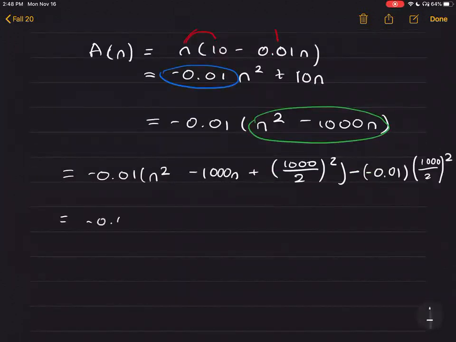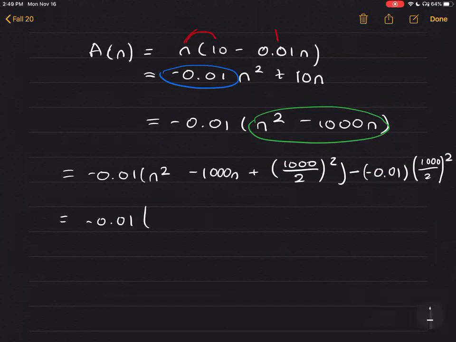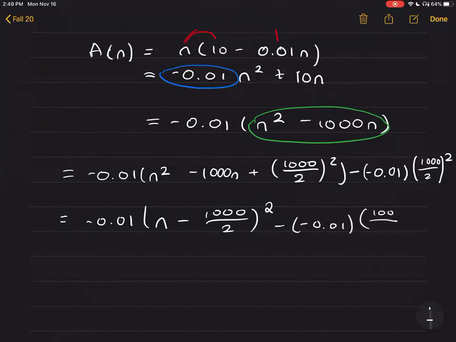So we get the same thing out here, n squared minus, oh, sorry, I almost forgot, crucial step. Using our perfect square formula, you'll find that this becomes n minus 1,000 over 2, all squared. And then the same thing over here. Okay, now it's simplification.